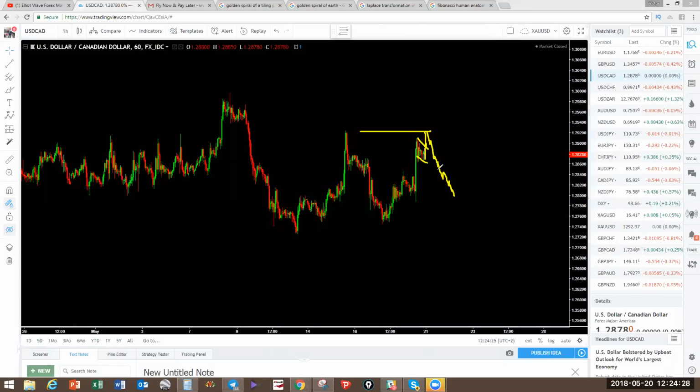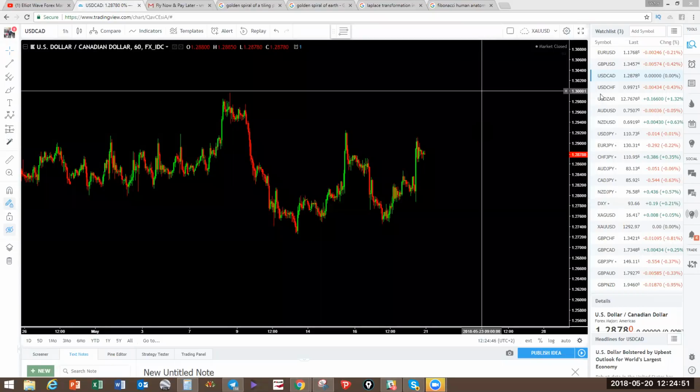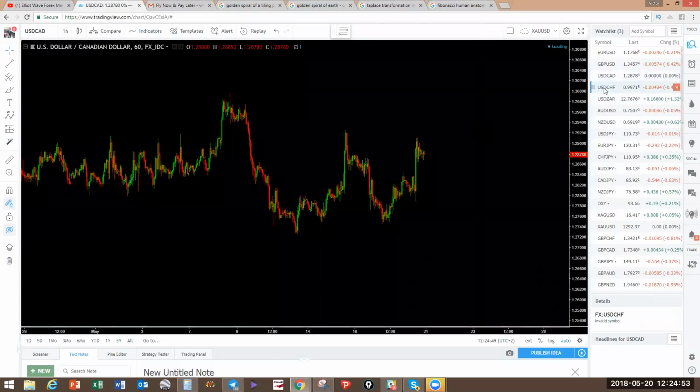So this may bounce to the downside first, with the euros bouncing to the upside. Okay, so here you need to be careful if you're gonna buy a break of this, because up to this level, maybe the reversal making this pattern here, to make a bigger one. All right, nothing very clear at this stage.